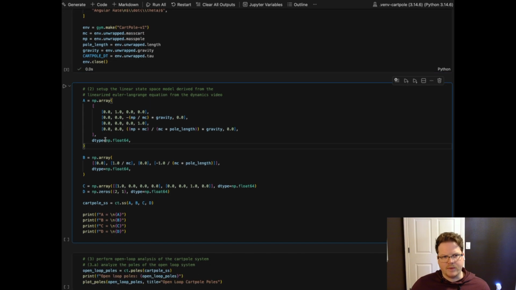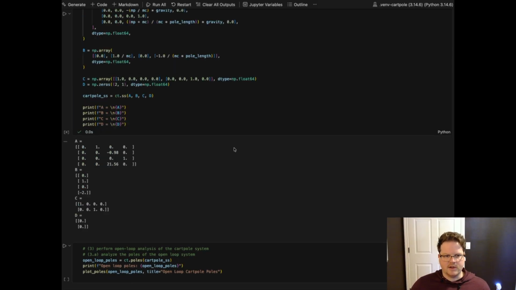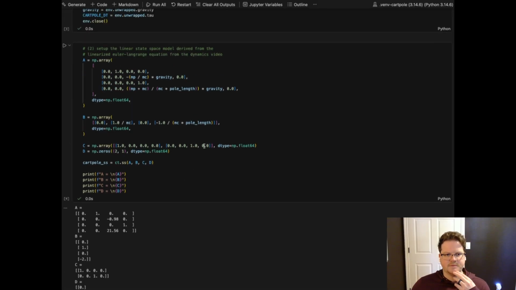Alright, so now I'm plugging them in, so A, B, C, D, and just note here with the C matrix, what I'm actually doing here is, in real life you don't necessarily have sensors that are directly sensing a particular variable in our state space. Which would be like an identity C, which would basically just be full state feedback without any kind of observer needed.